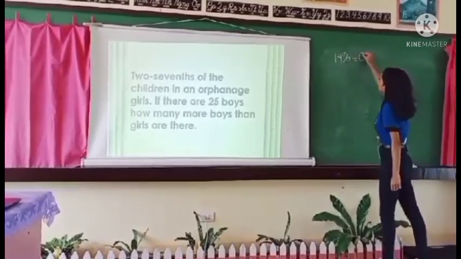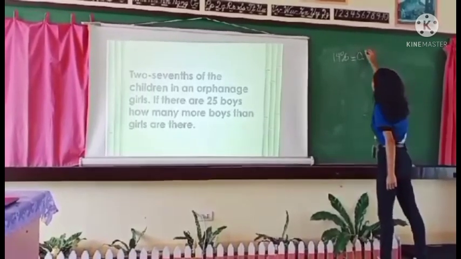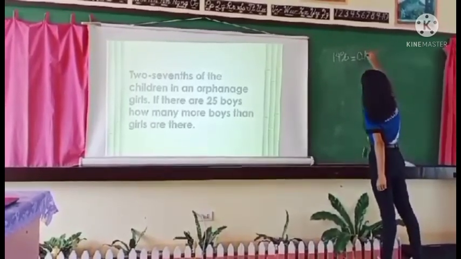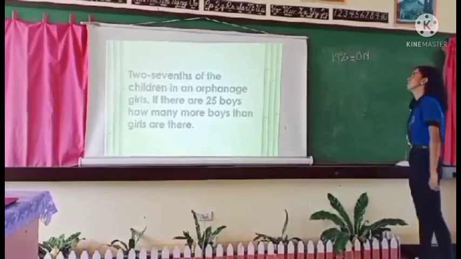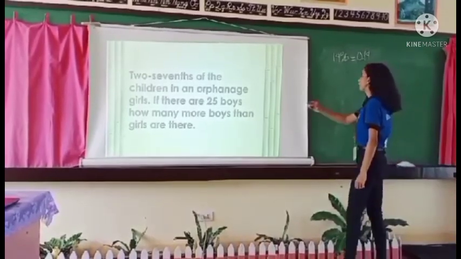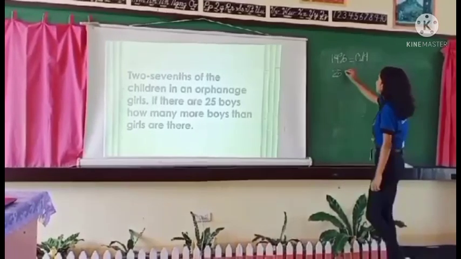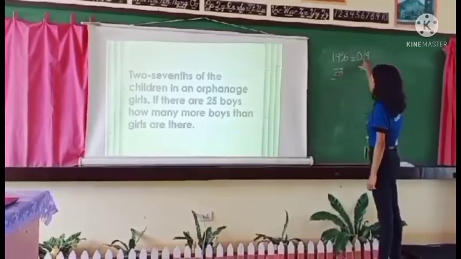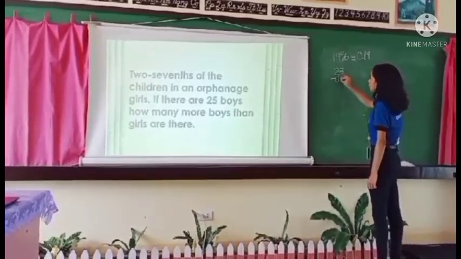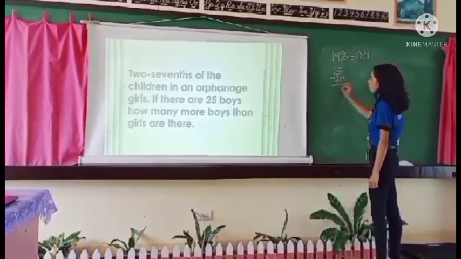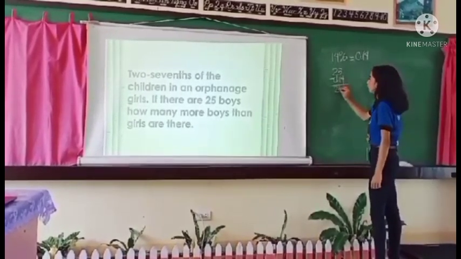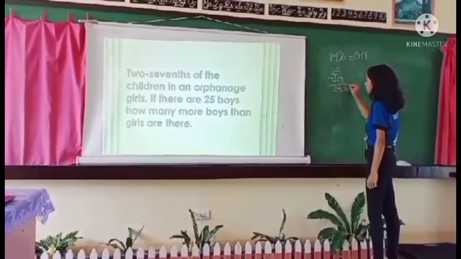So it will become 0.14. Now, there are 25 boys. 25 minus 0.14 is equal to 24.86.